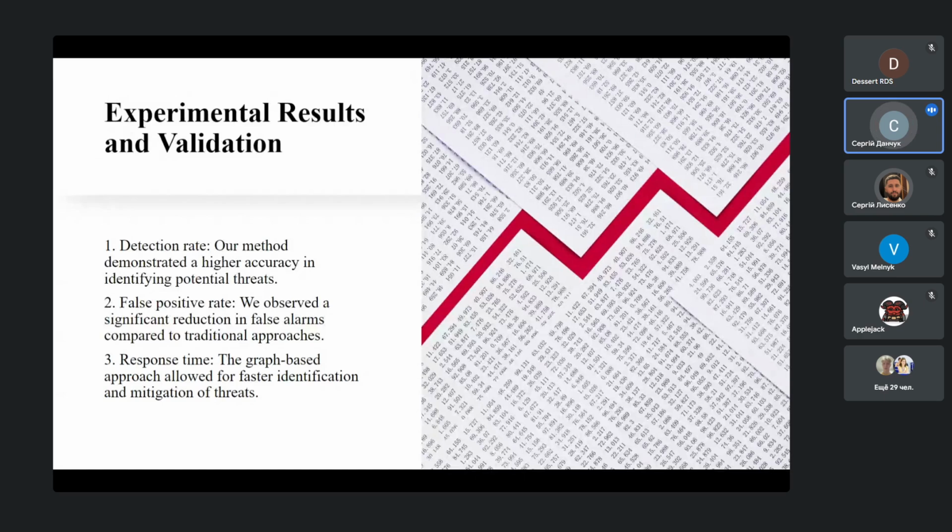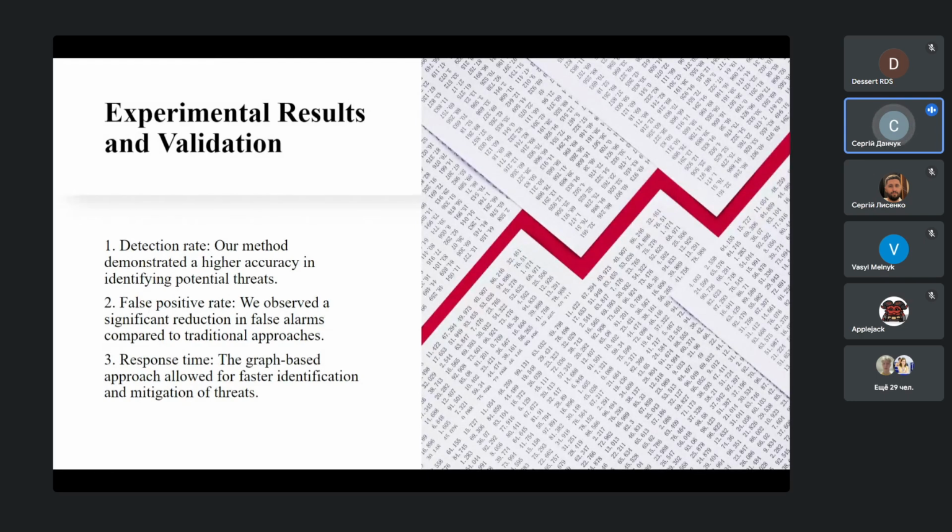Our experiment conducted in a private cloud environment confirmed the effectiveness of the developed method. The results show that our approach improves on existing methods in several key areas. Detection rate.